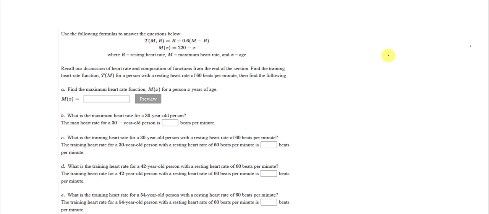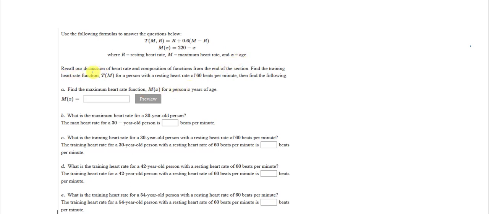Okay, so they say use the following formulas to answer the questions. T of m, r equal to r plus 0.6 times m minus r, m of x equal to 220 minus x. r is the resting heart rate, m is the maximum heart rate, and x is the age of the person.